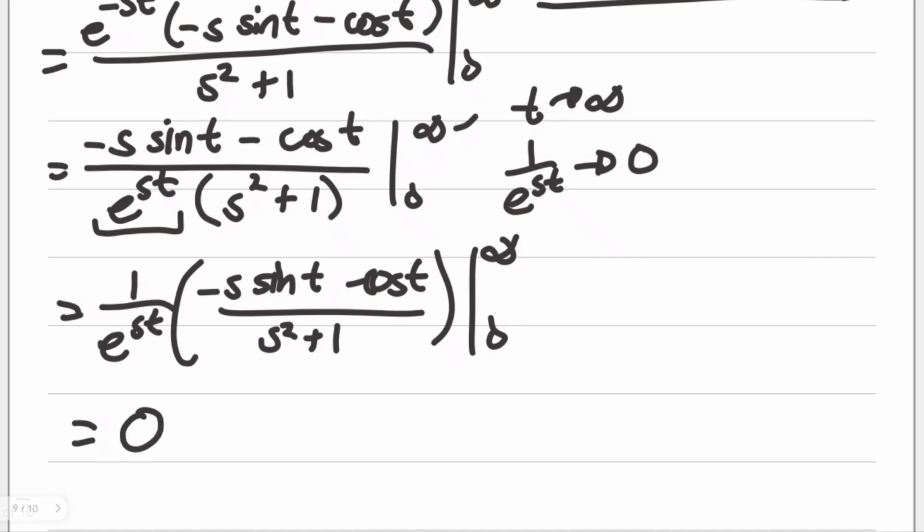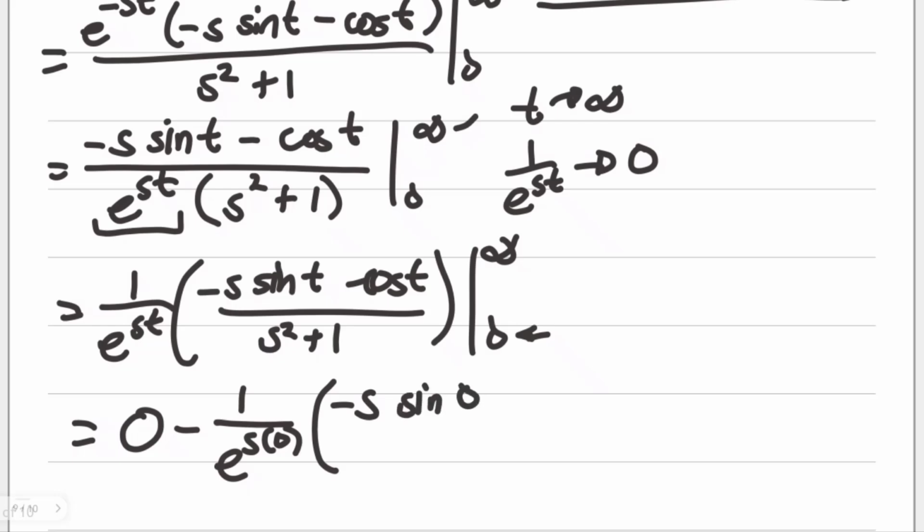Then for the 0 substitution, you will have minus 1 over e to the power of s times 0, times negative s sine of 0 minus cosine of 0 as an angle over s squared plus 1.